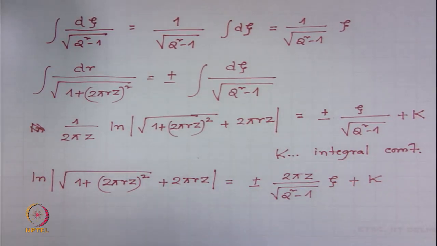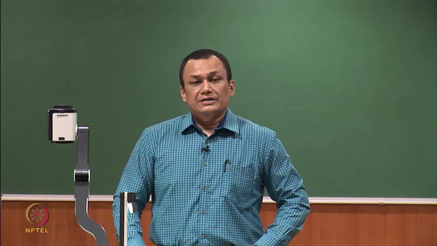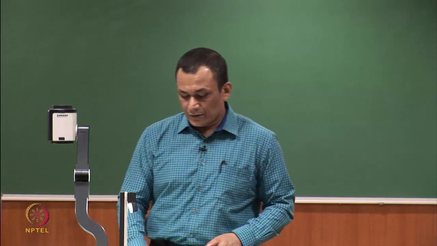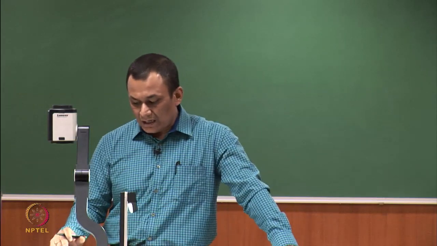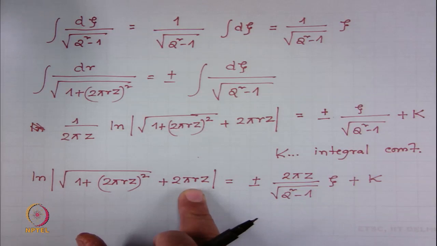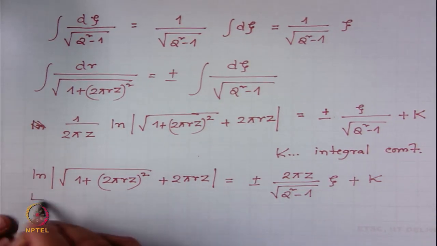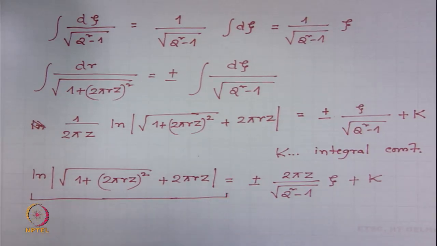So, this expression will give you the fiber path inside the yarn. Now, if you put different values of r, then you will realize that this gives you a almost straight line.